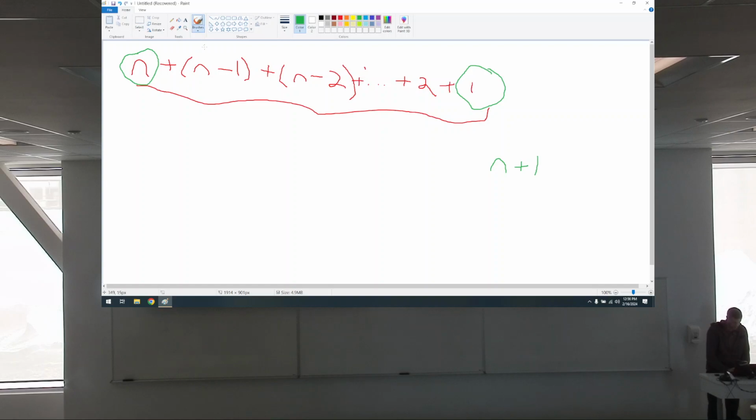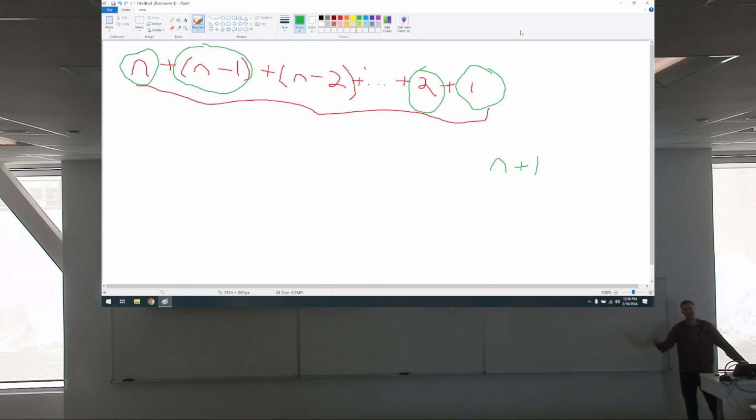Okay, great. What if you take this term and you add it to this term? What do you get? Oh my God, it's another n plus 1. What happens if you took n minus 2 plus 3? What do you get? N plus 1. So we actually have a bunch of n plus 1s we have to add together.